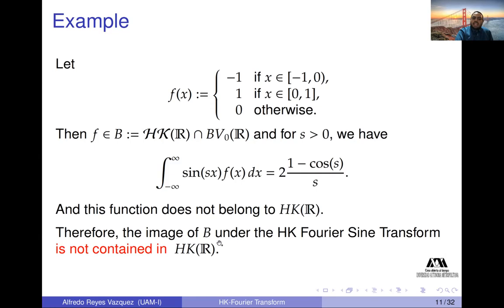Therefore, the image of this intersection under the action of the Henstock-Kurzweil Fourier transform is not contained in the space HK. So we have a different behavior for the HK-Fourier transform compared with the Fourier transform.